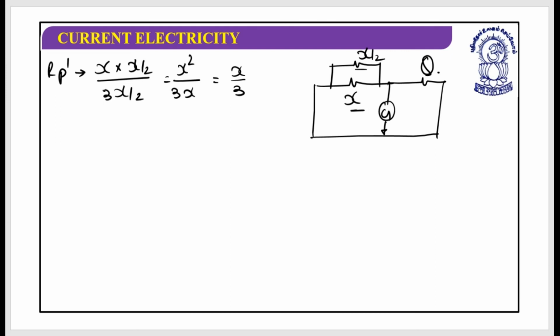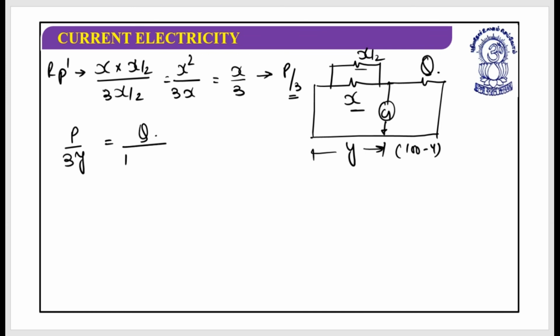So if initially it was resistance P, now it's P by 3. Let's suppose this length is Y, then this length must be 100 minus Y. So P by 3Y should equal Q by 100 minus Y.